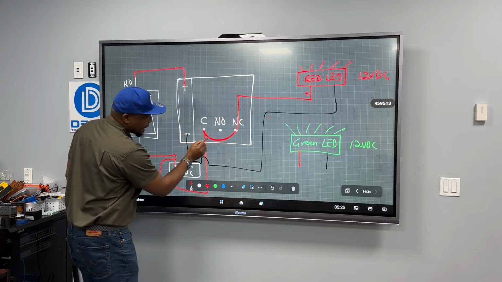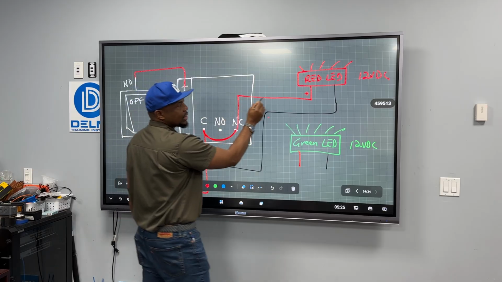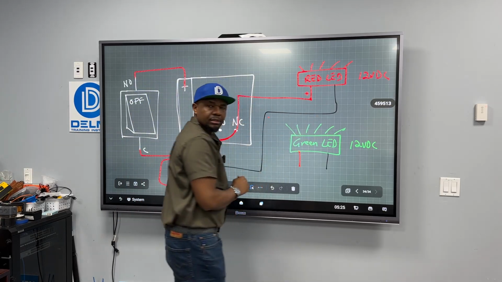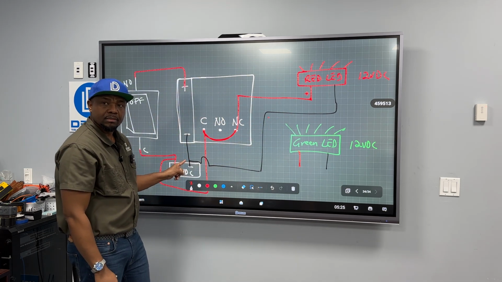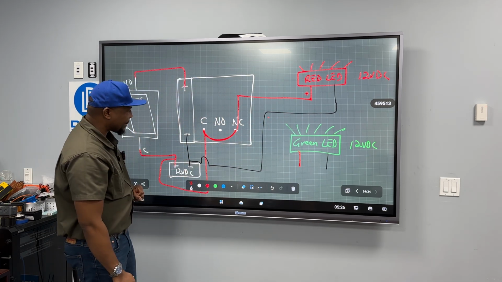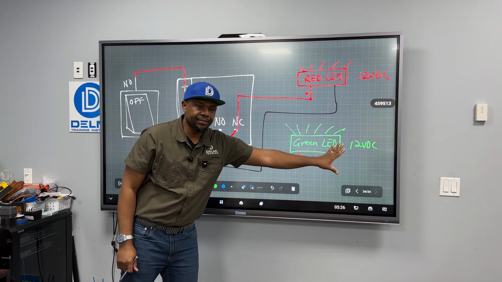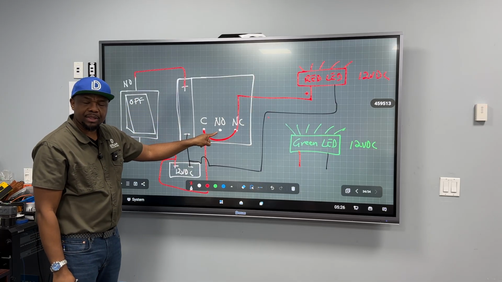Comes from here, it goes to the normally closed, comes out from the normally closed, goes to the positive of the red LED. This turns on because the circuit is complete. Now let's look at what is going to happen. Because I want this one to always remain off when this switch is off, then there is no voltage coming through here.